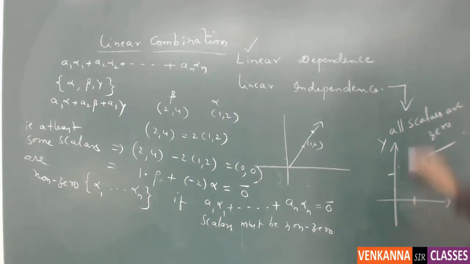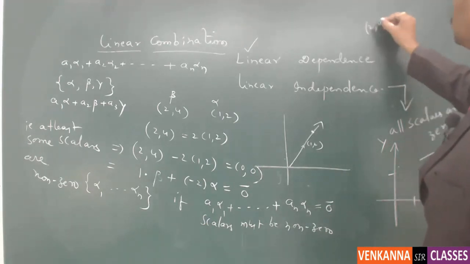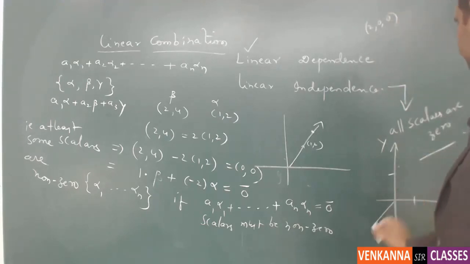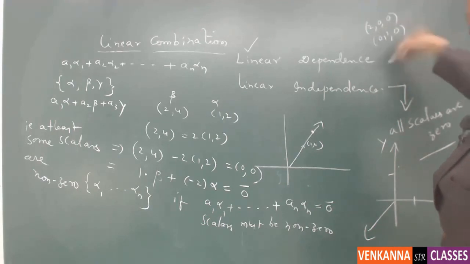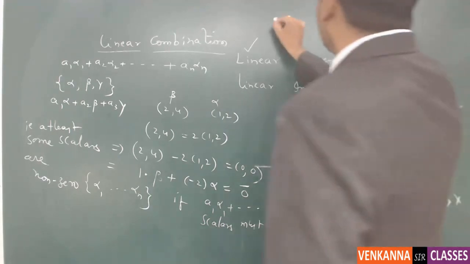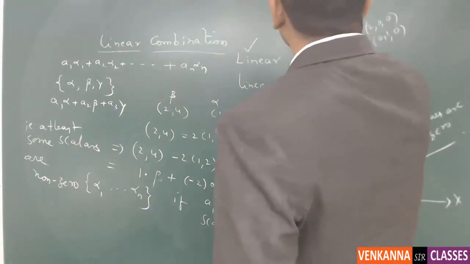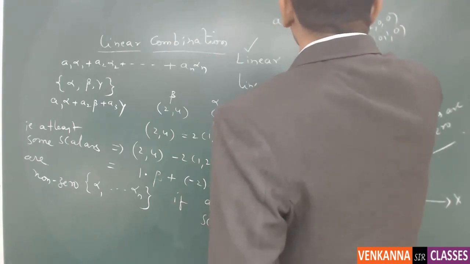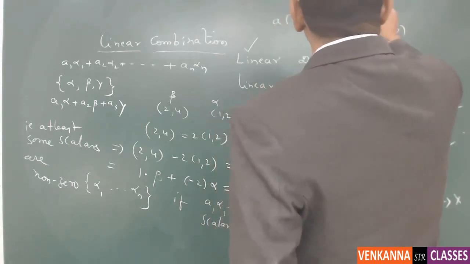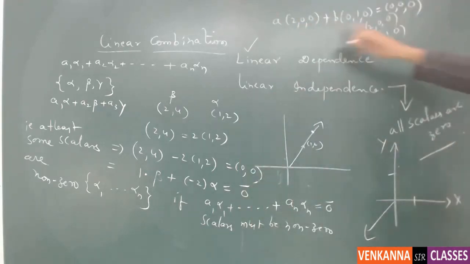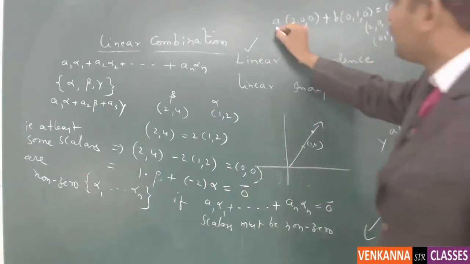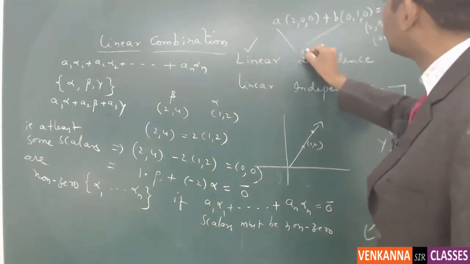For example, if you take the vector as 2, 0, 0, let me say, and if you take the vector here as 0, 1, 0, so if you want to write the combination, the result will be 0 only when A and B become 0.